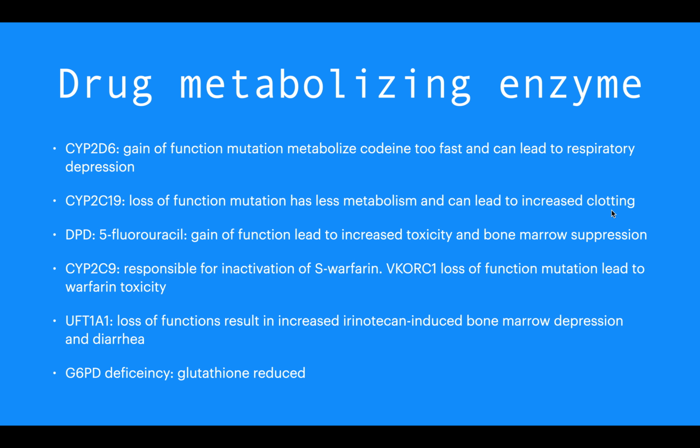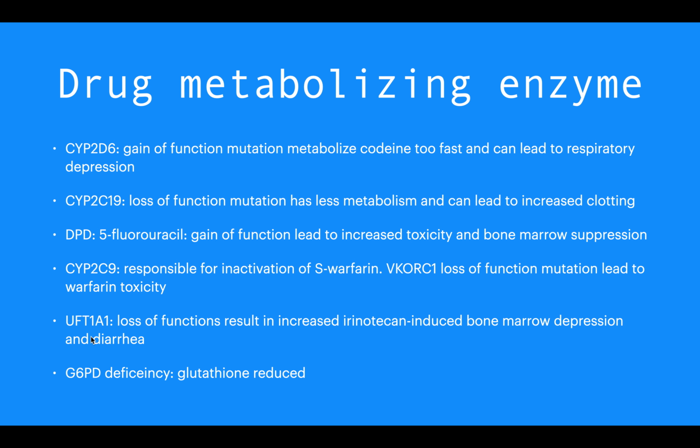DPD or 5-fluorouracil gain of function mutation is going to be increased toxicity. CYP2C9 is the inactivation of S-warfarin. VKORC1 is a loss of function mutation, and that's going to lead to warfarin toxicity.